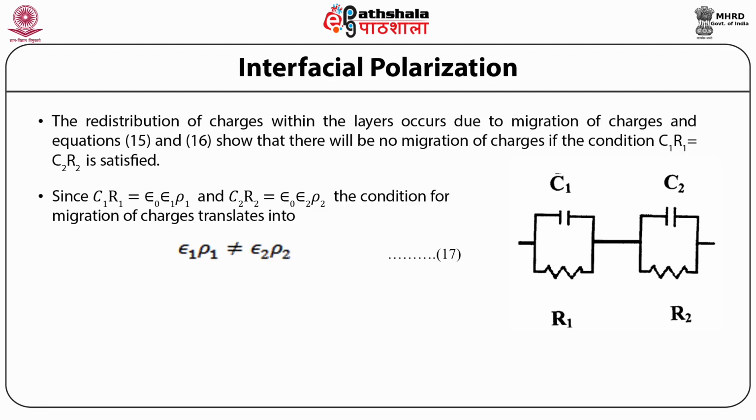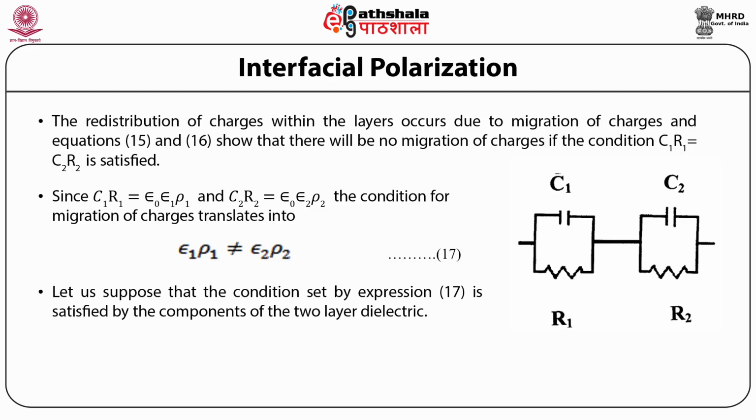The condition for migration of charges translates into epsilon 1 rho 1 not equal to epsilon 2 rho 2. Let us suppose that the condition set by expression 17 is satisfied by the components of the two-layer dielectric.